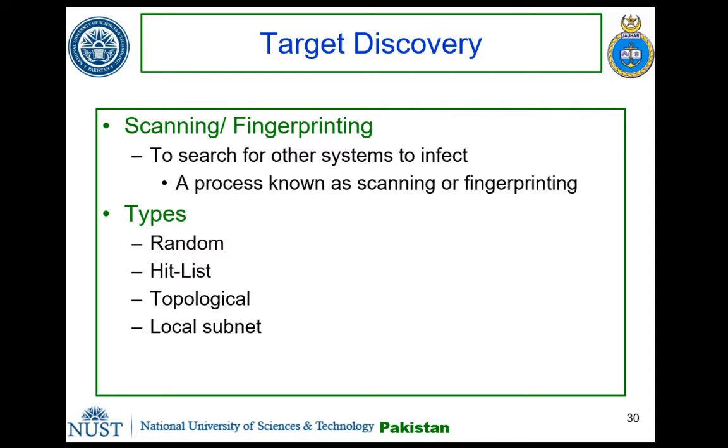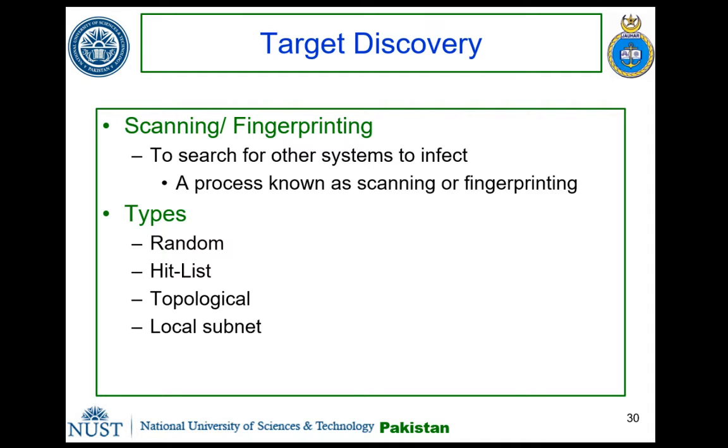For such worms which exploit software vulnerabilities in remotely accessible network services, it must identify potential systems running the vulnerable service and then infect them. Then typically the worm code now installed on the infected machines repeats the same scanning process until a large distributed network of infected machines is created.